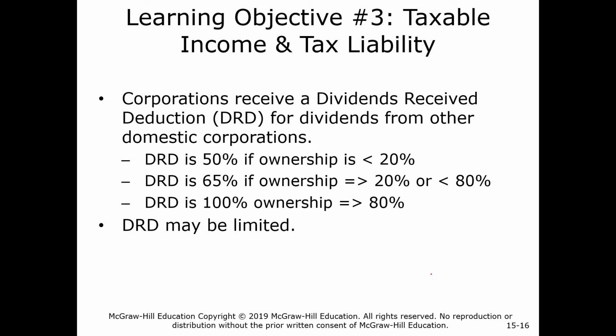This is also different from the individual. Corporations that own stock in other domestic corporations are allowed to receive a reduction of those dividends. Unlike individuals, where we receive dividends from the corporation and are taxed on them, and even if they are qualified dividends and the preferential rates apply, we're still subject to double taxation.